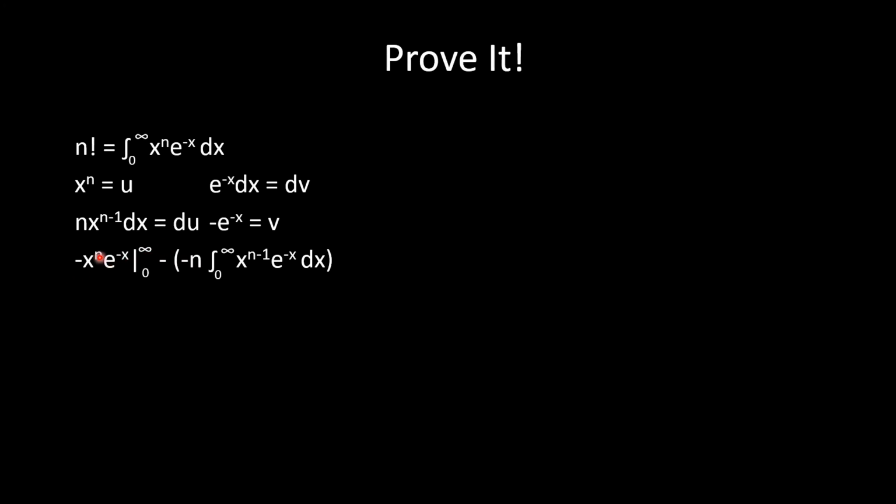But you can think about it as e to the minus x being an exponential decay converging much faster to 0 than x to the n is diverging to infinity. That creates this dichotomy that says that this upper bound at infinity also goes to 0. So in the end, that whole term goes away.